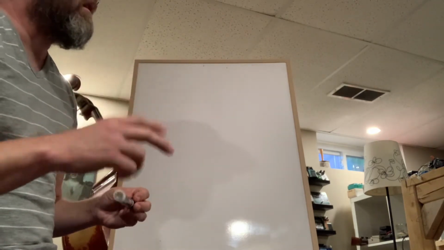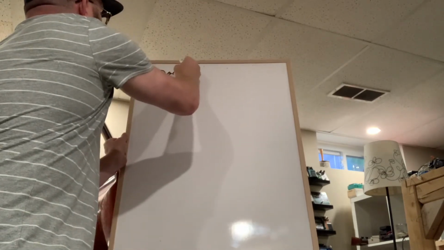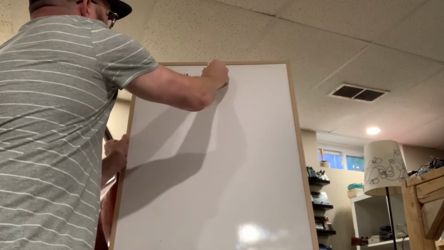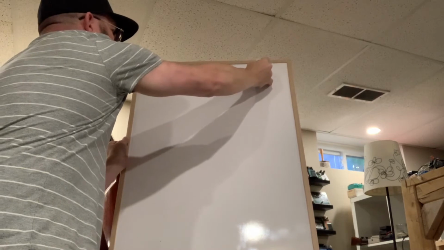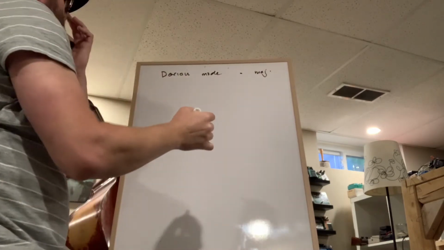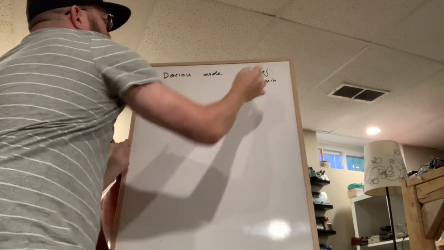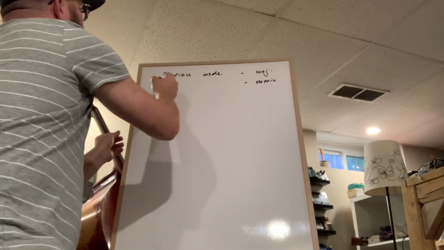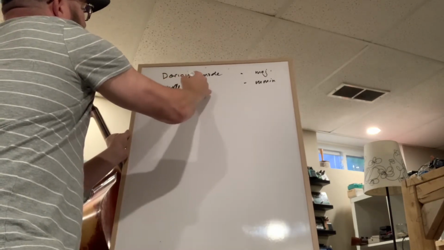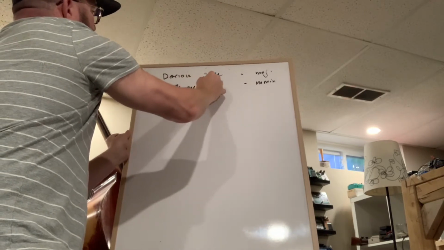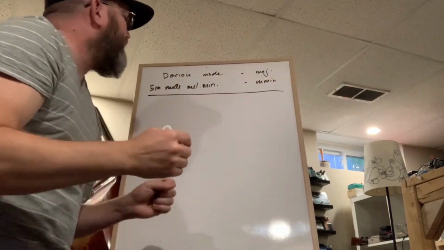There are two modes I'm going to talk about: the Dorian mode, which is derived from the major scale, and the fifth mode of the melodic minor. These two scales are special, and I'll tell you why.